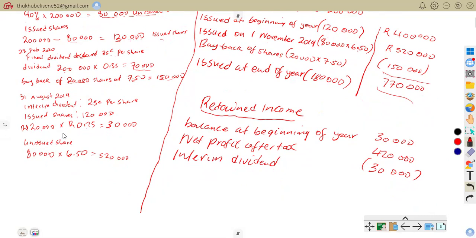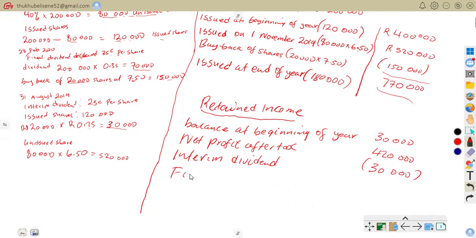This is where we get our interim dividend: 25 cents times 120,000 issued shares. These are the dividends that we paid to our shareholders during the year for 120,000 issued shares. Hope we are together on that.